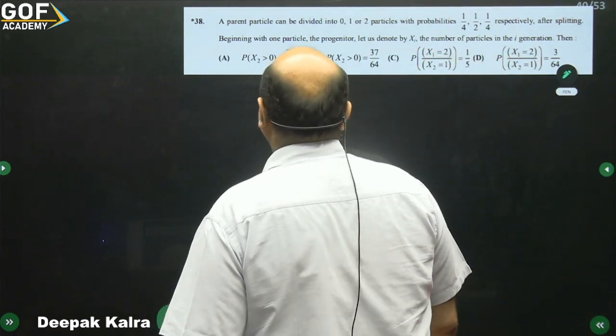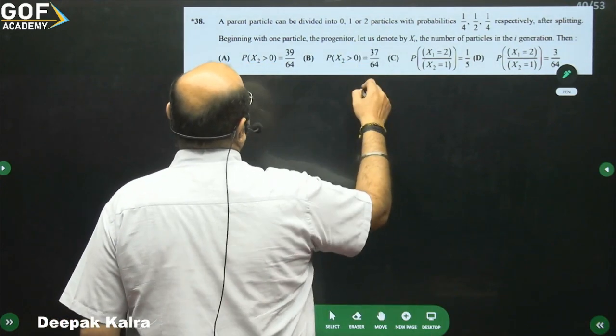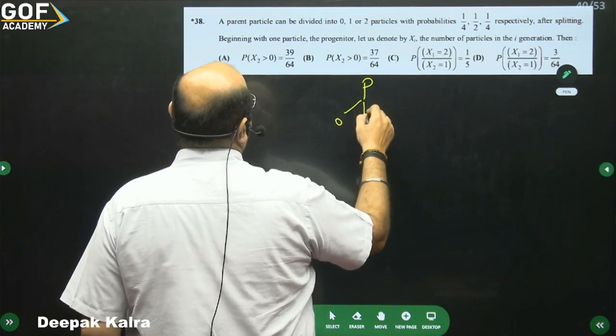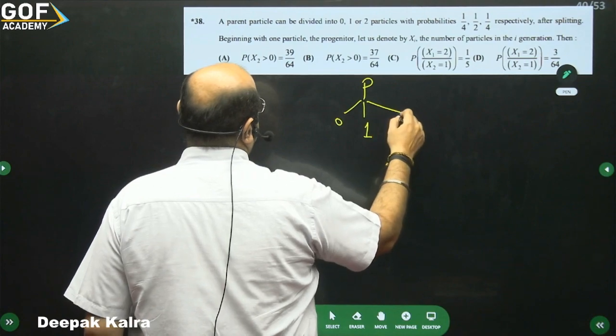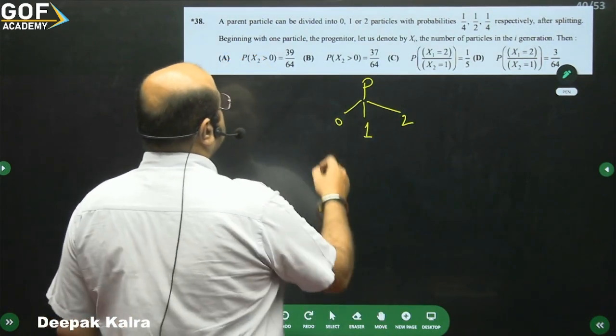So what is there in it? A parent particle can be divided into 0, 1 or 2 particles, okay, with probability.